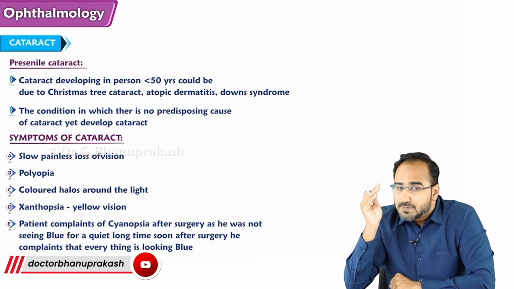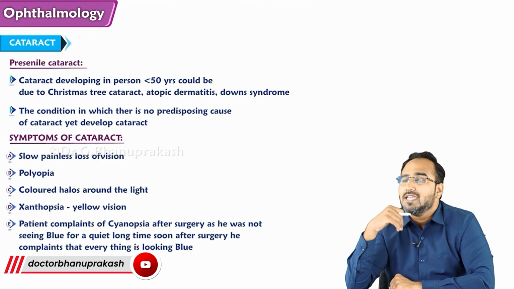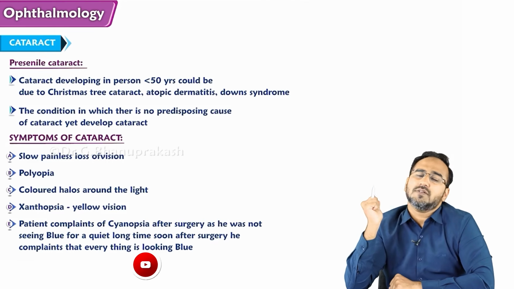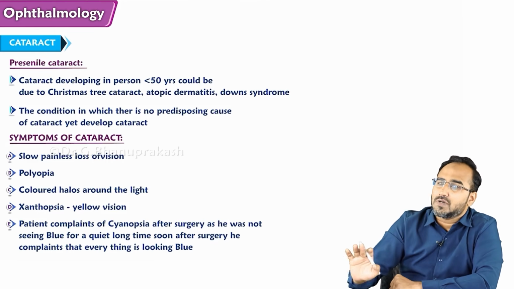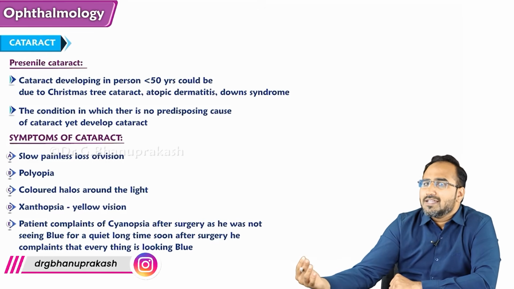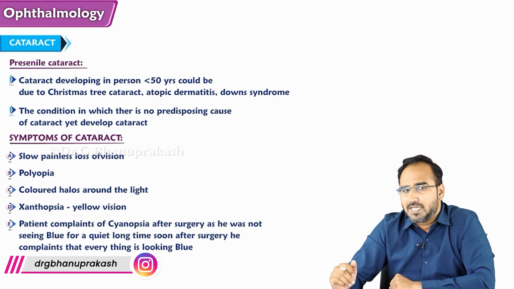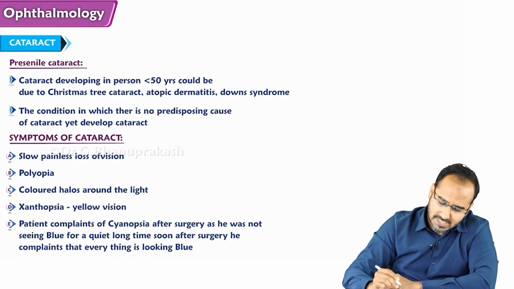Why? Because when this patient was suffering with cataract, he had lost the ability to perceive the blue color. He was complaining of xanthopsia. Surgery is done. Now his eyes and lens are totally normal. Now normal blue color is also appearing very bright to him. So that is called cyanopsia. So after surgery, he complains of cyanopsia. During cataract, he complains of xanthopsia.